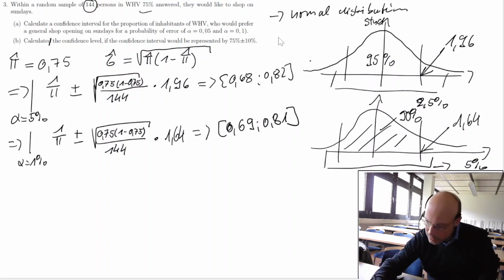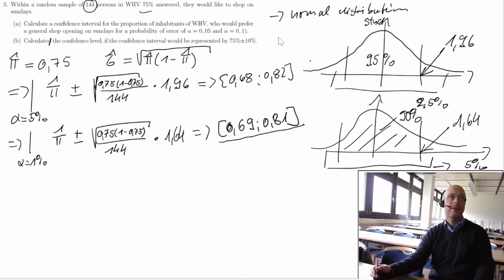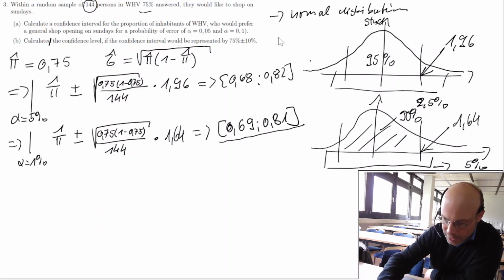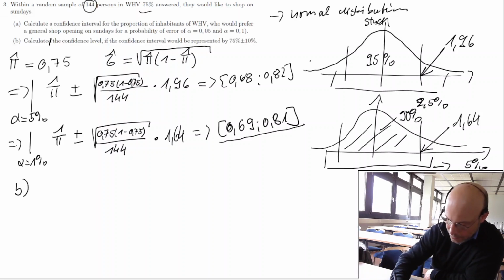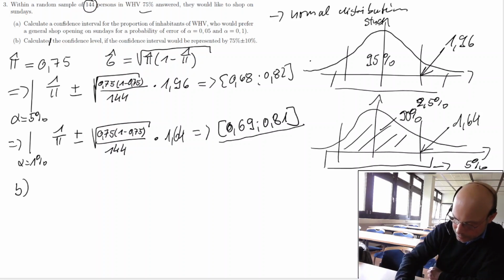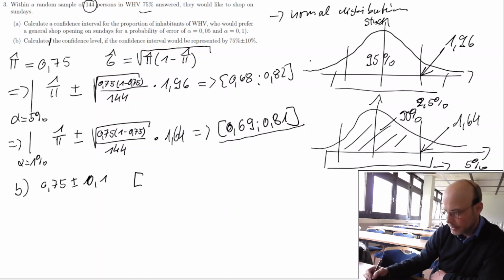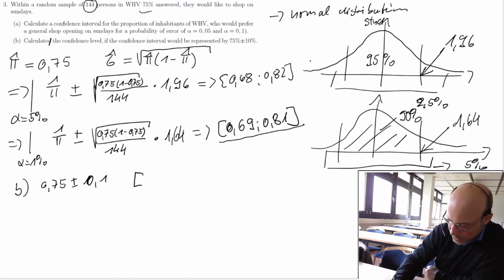Now we know our confidence interval and we want to calculate which confidence level represents a given interval. But our interval is given by 0.75 plus minus 0.1.